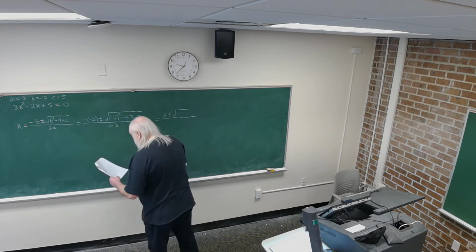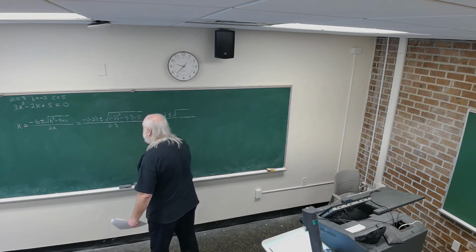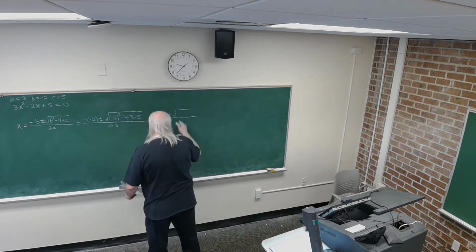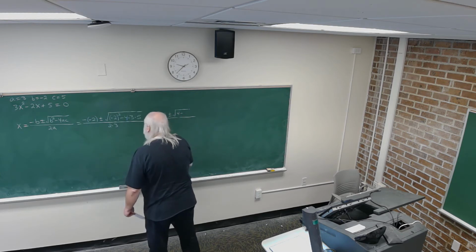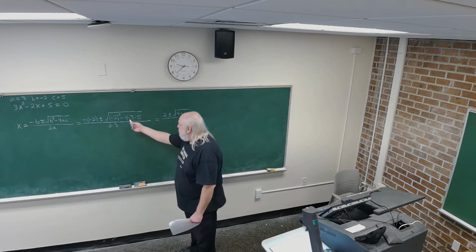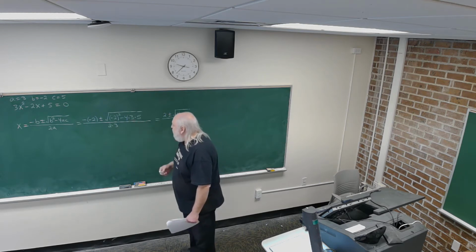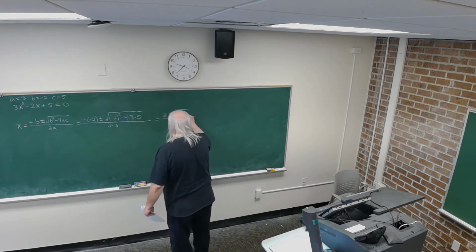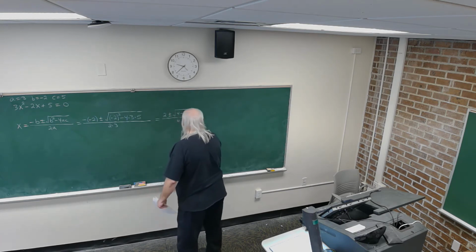And then under the square root, minus 2 squared is 4. Exponentiation before multiplication. Then minus 4 times 3 times 5 is minus 60. And then the denominator, 2 times 3, is 6.